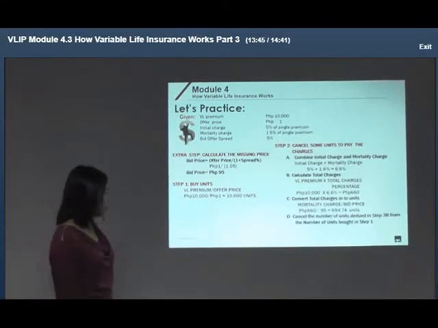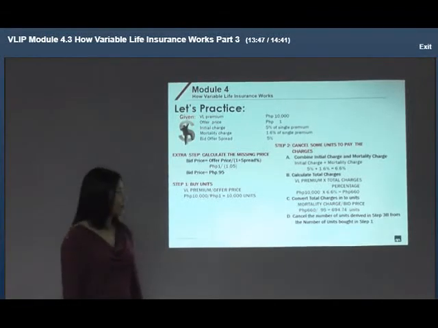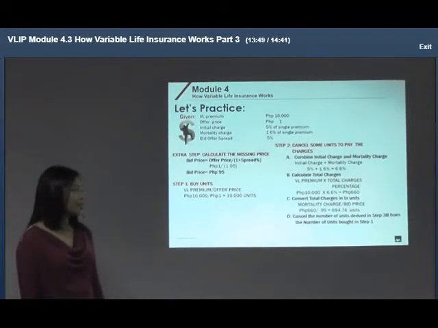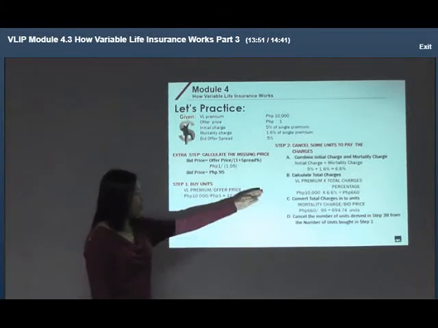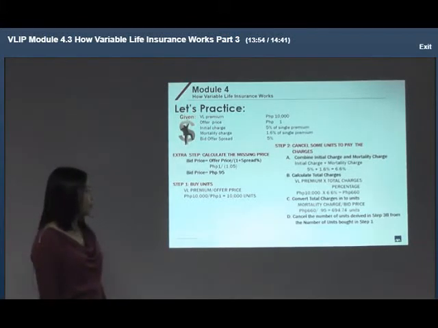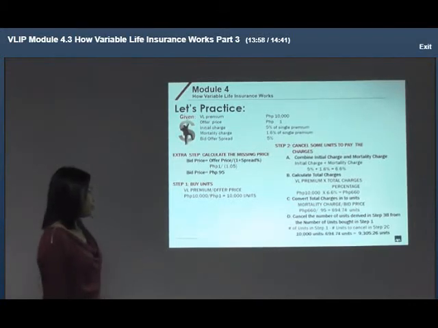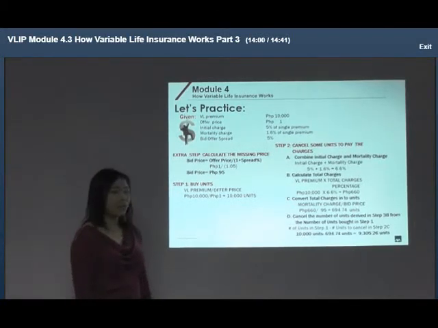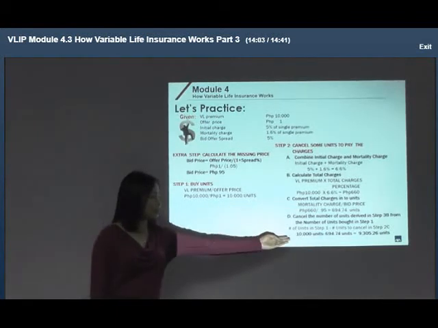694.74. Our last step is to cancel the number of units derived from step 3B to the number of units bought in step 1. Remember that the number of units bought in step 1 is 10,000 units.